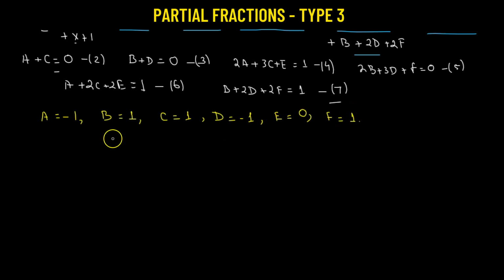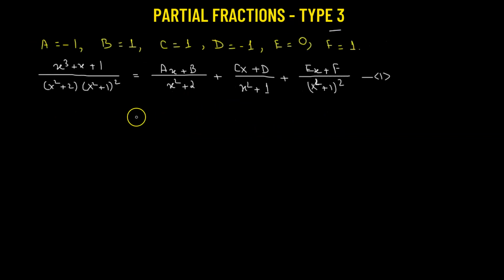So now we have listed out the values of a, b, c, d, e and f. What we'll do is substitute back into equation number 1. So a is negative 1, so we have negative x plus b. The value of b is 1, so we have negative x plus 1 divided by x squared plus 2. Then we come to the next partial fraction, where we have cx plus d. c is positive 1, so we have x, and the value of d is negative 1, so we have x minus 1 divided by x squared plus 1.